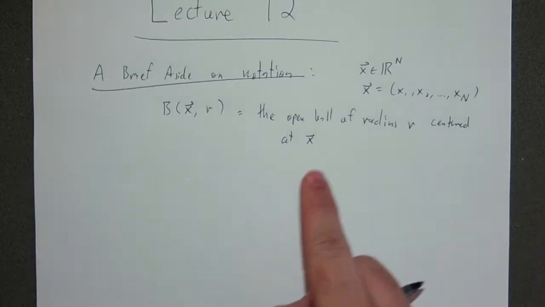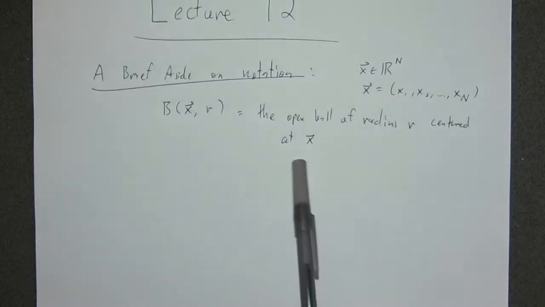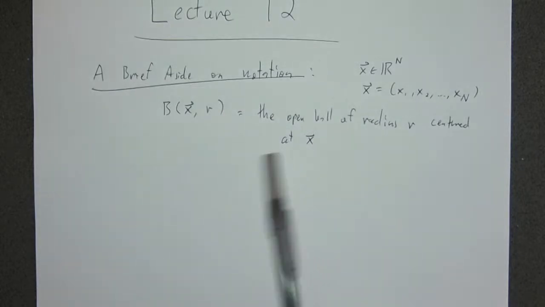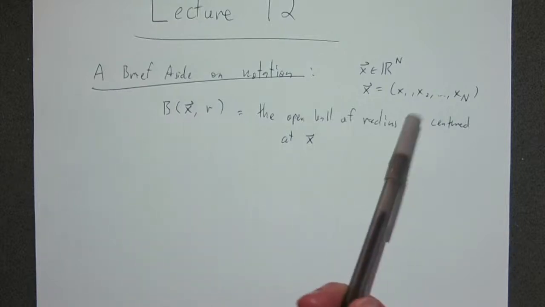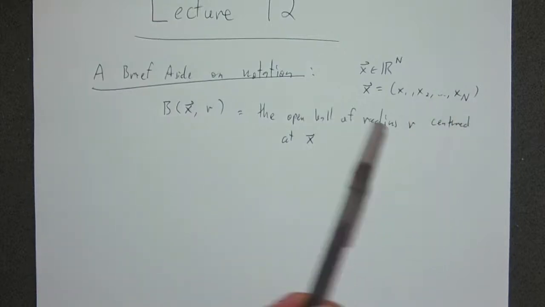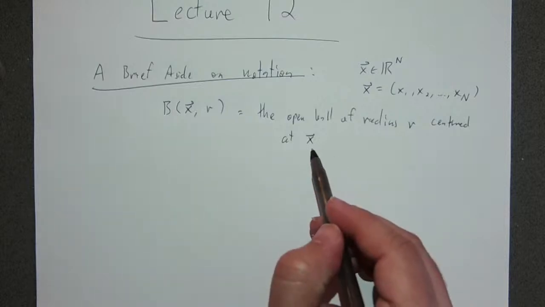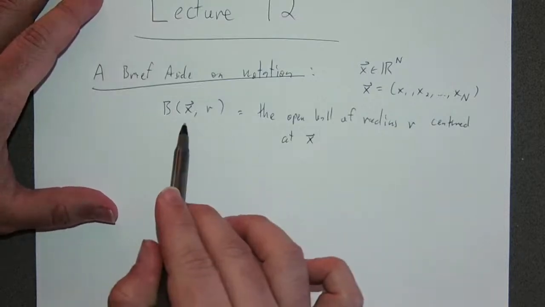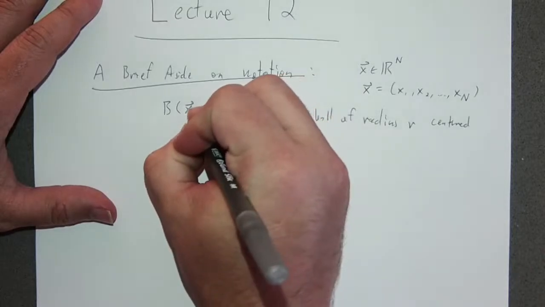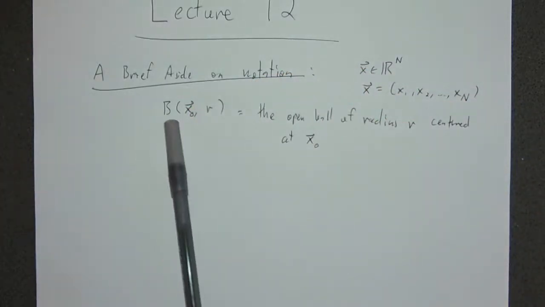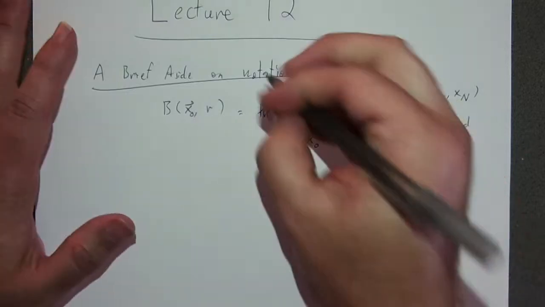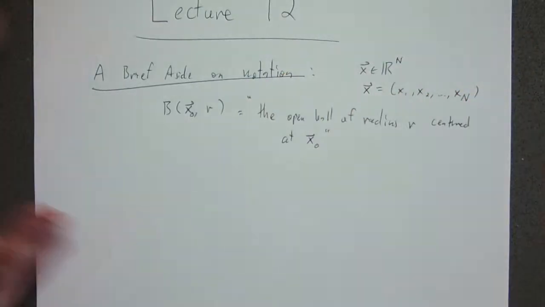Now, because maybe we want to use x as a variable, oftentimes if x is fixed, this is the center of the ball, r is its radius. If we want to use x as a variable showing up in an expression that involves this, oftentimes you'll see it written with an x naught instead. So B of x naught, r is the open ball of radius r centered at x naught.